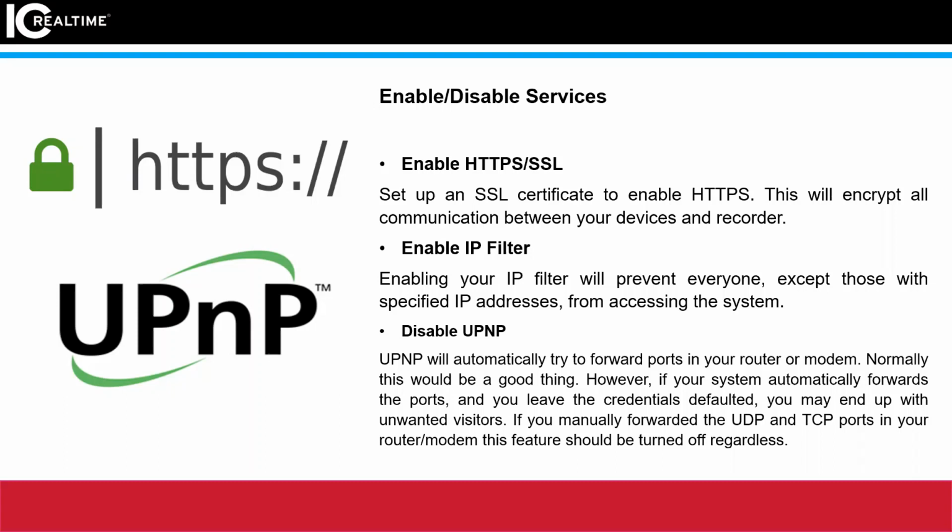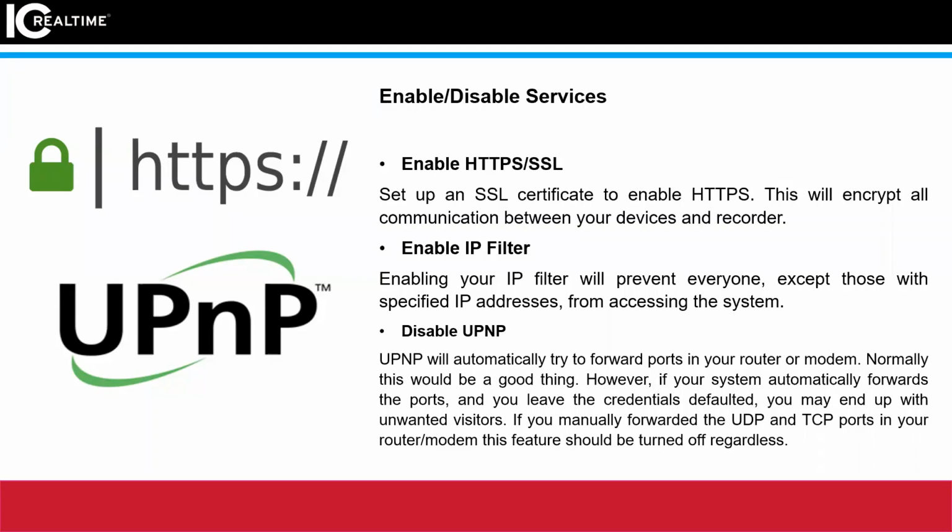Now, you do want to enable your IP filter as well if you want to prevent anyone from gaining access to the recorder. So you can whitelist or blacklist IP addresses on a local area network. This is more useful for your commercial installs, especially managed networks, where you're going to have multiple users on the network.